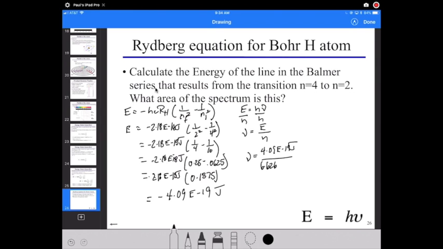It's just the direction it's being emitted. Okay. Now if I take joules, I will end up with a unit of 1 over seconds, which is hertz, which is the value of nu.